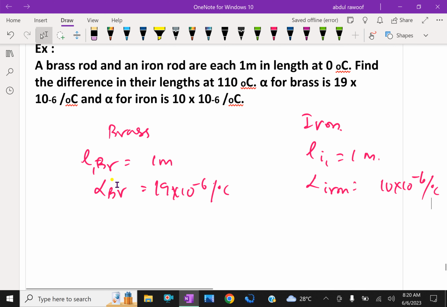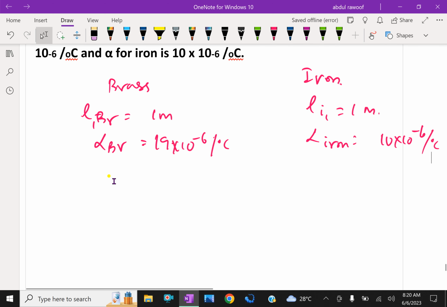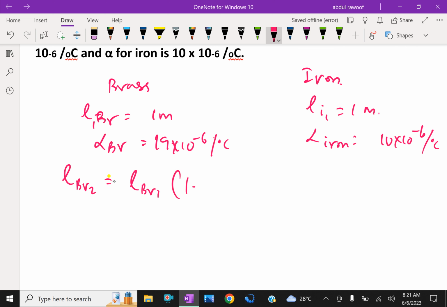Now, for the brass rod, we calculate LBR2, the length after heating. LBR2 is LBR1 into 1 plus alpha BR (T2 minus T1). We'll calculate this.